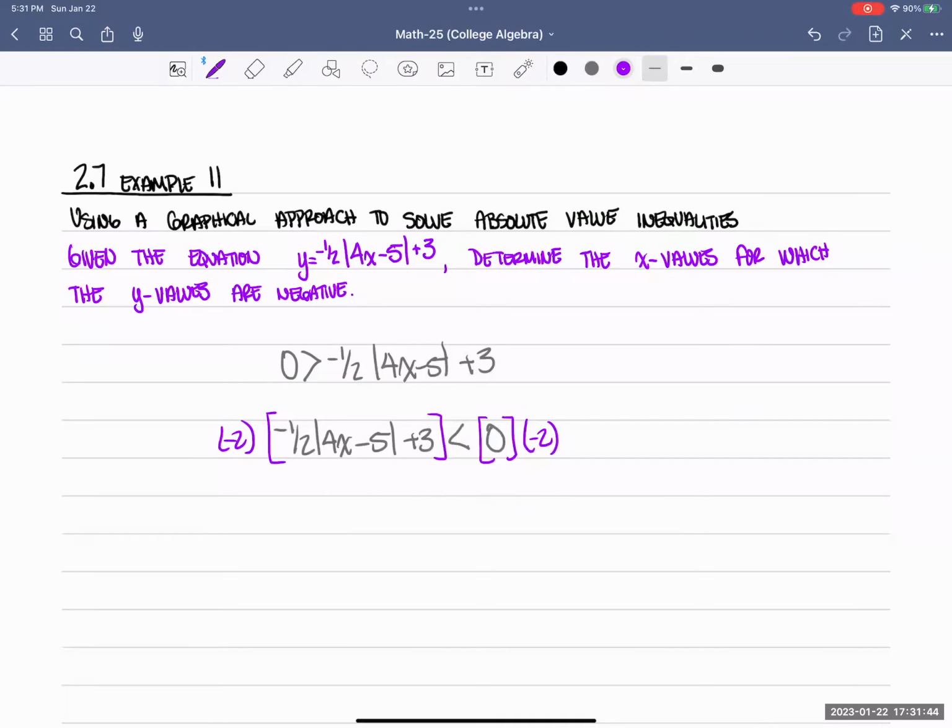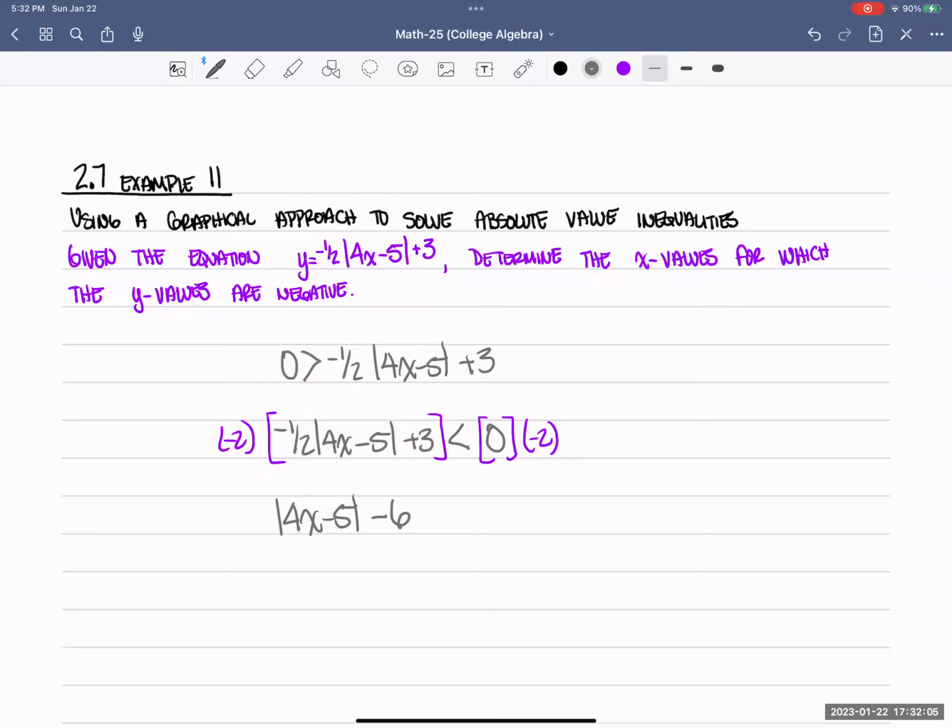Over on the left side, the 2's divide out on this first part. So we're left with negative times negative is positive. We have the absolute value of 4x minus 5. Negative 2 times 3 is going to be a negative 6.